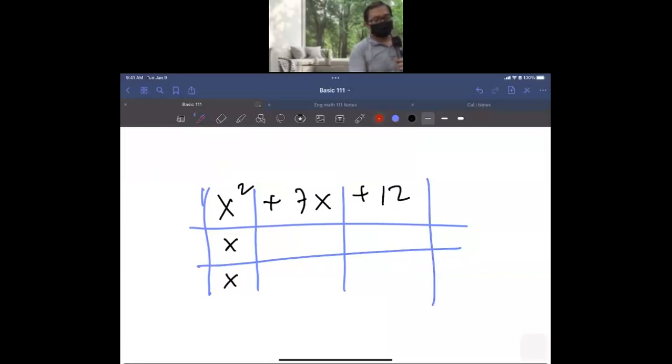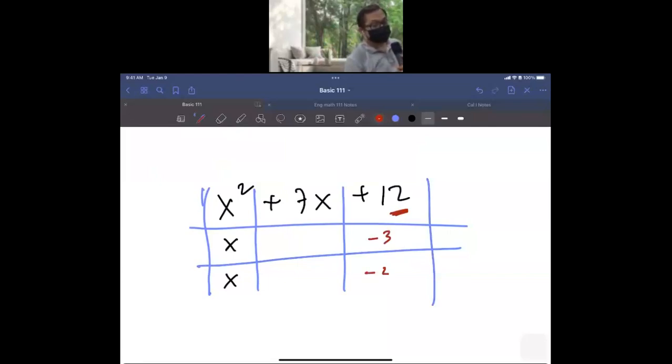The next thing, look at this 12 and make out any factors whose product is positive 12, right? Because it's positive, it's either -3, -4, or 3 and 4, right?